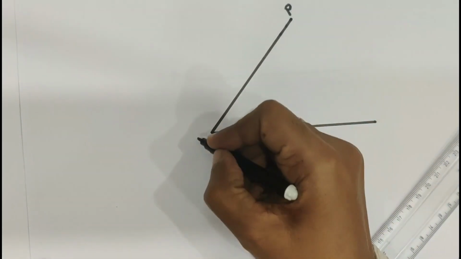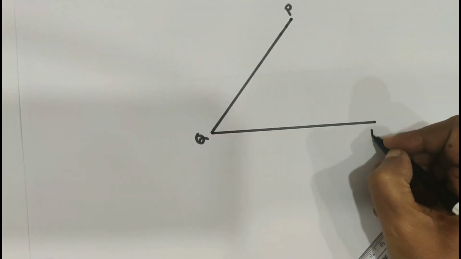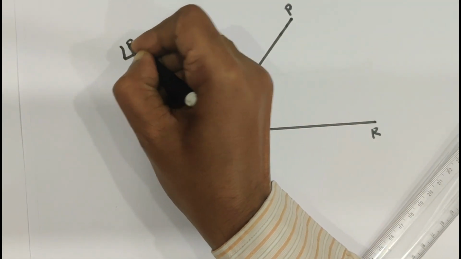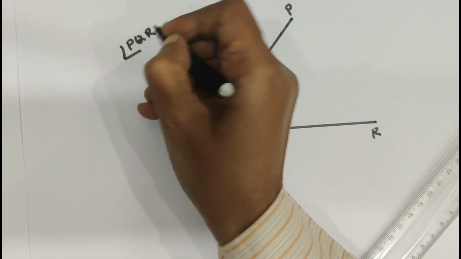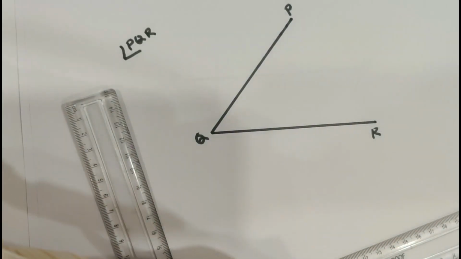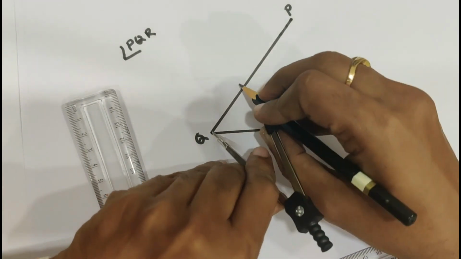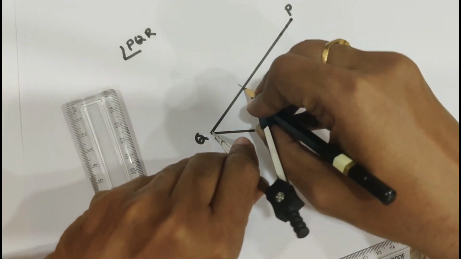Say P, Q, R, that is angle PQR to be bisected. For this, what we have to do? With some radius and Q as a center, draw an arc on QP line.